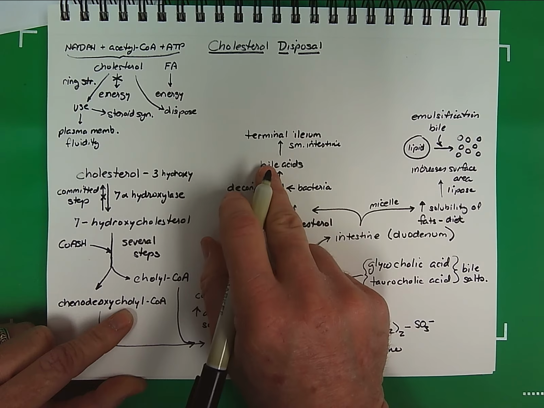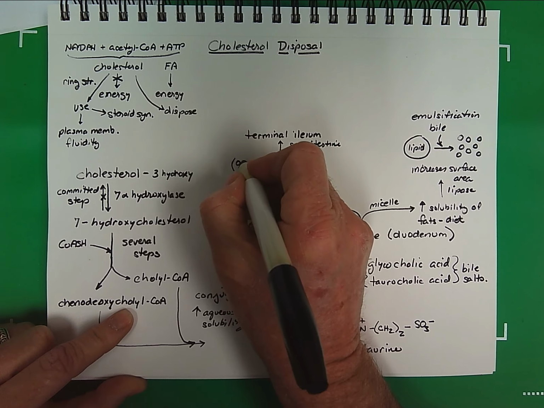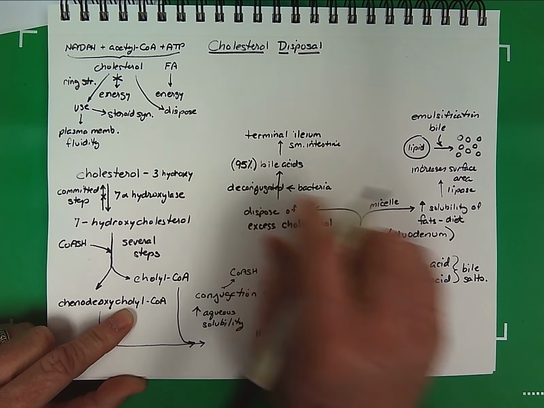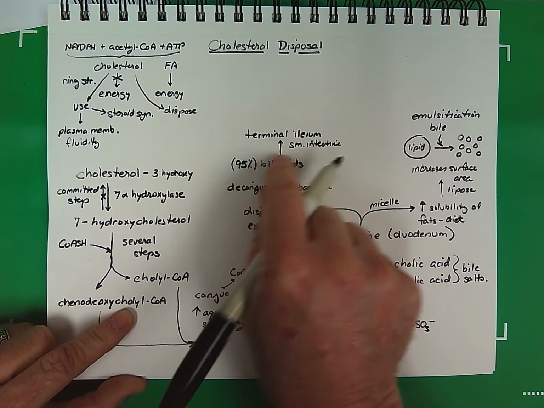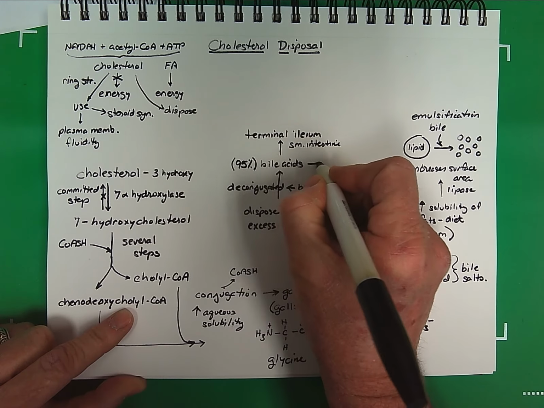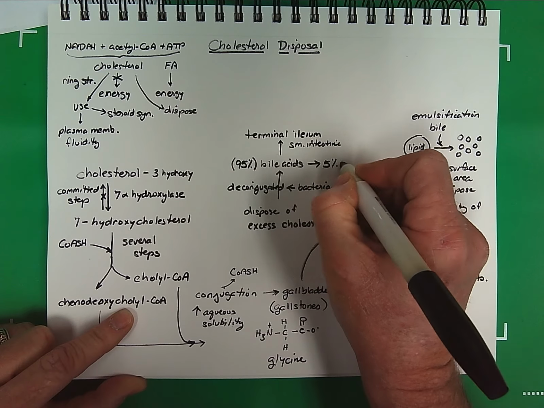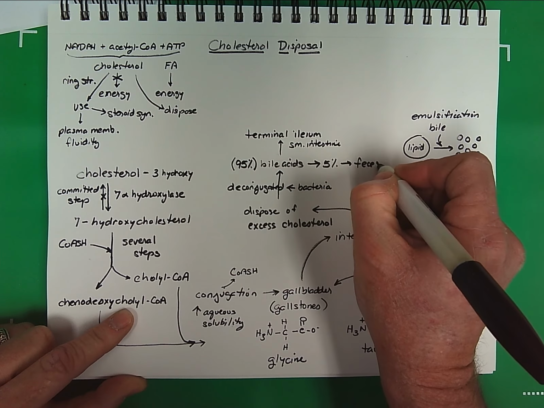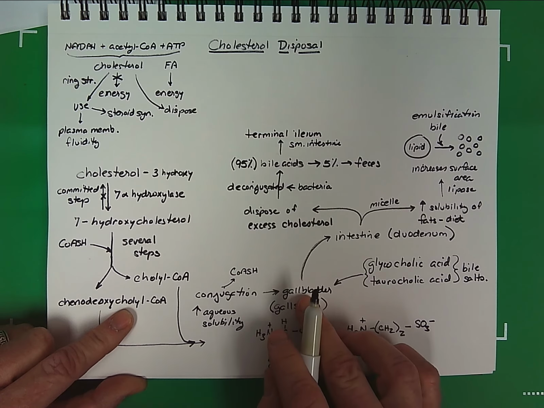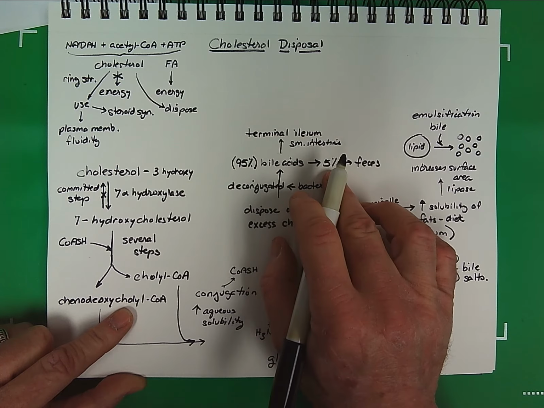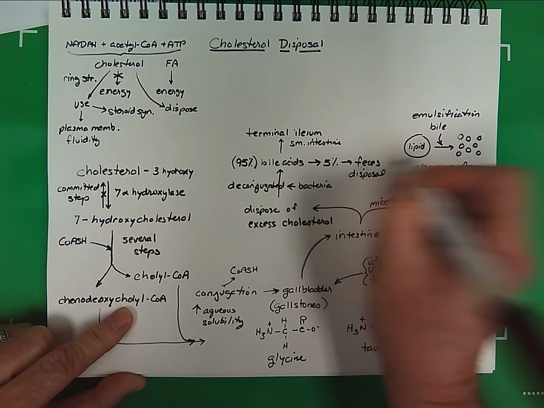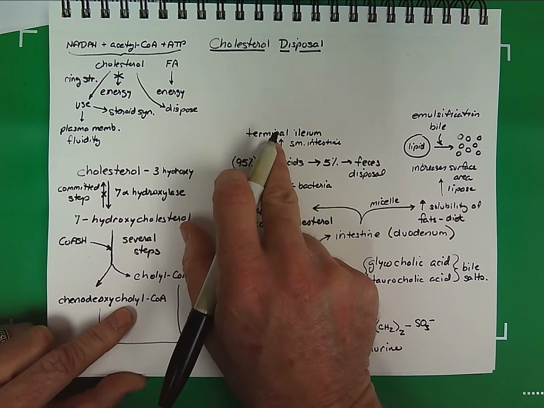In fact, approximately 95% of the bile acids that are present in the gut from the original secretion from the gallbladder are taken up by the terminal ileum. What that means is that 5% is found in feces. So for every round that we have of storage in the gallbladder and secretion in the intestine, 5% of this material ends up in the disposal process. 95% is taken back up into the body.